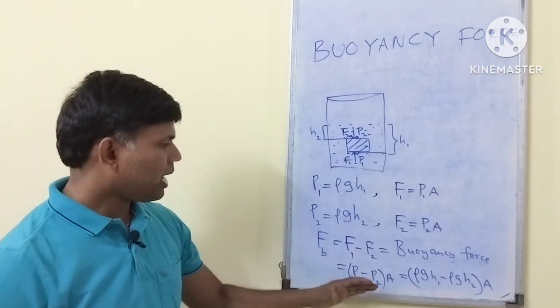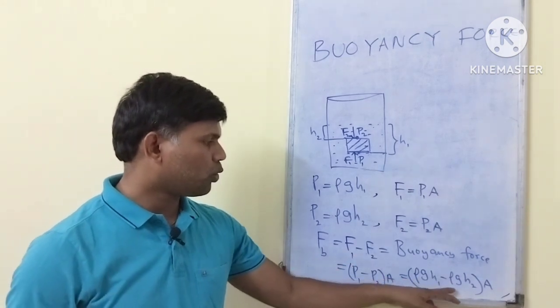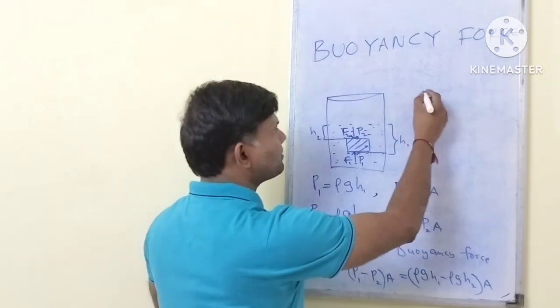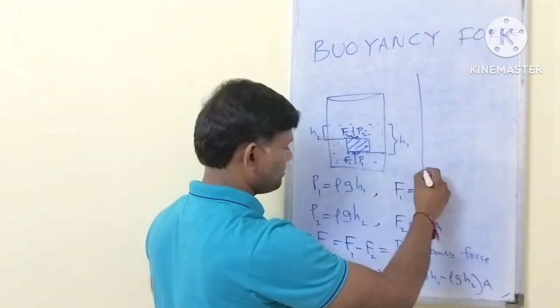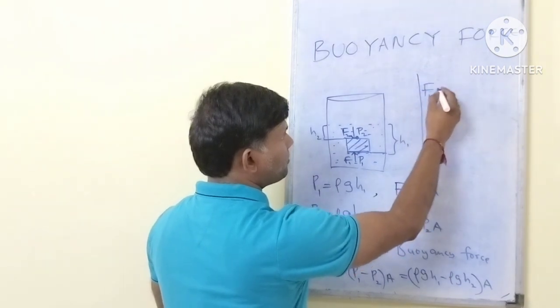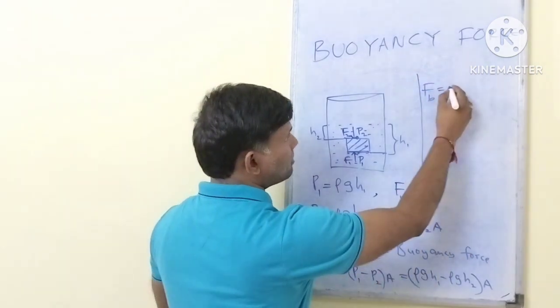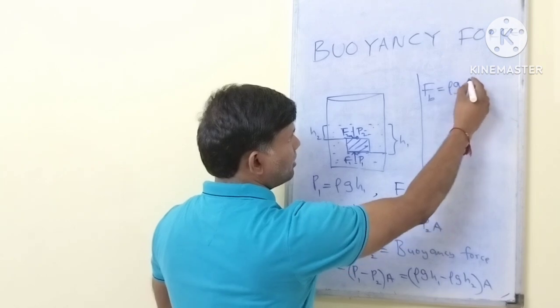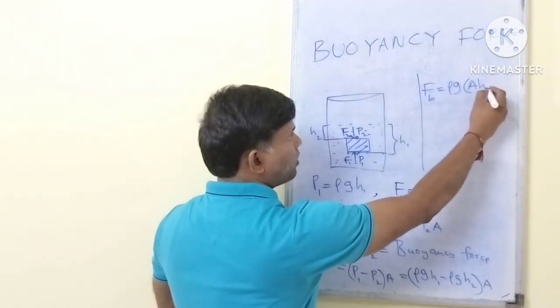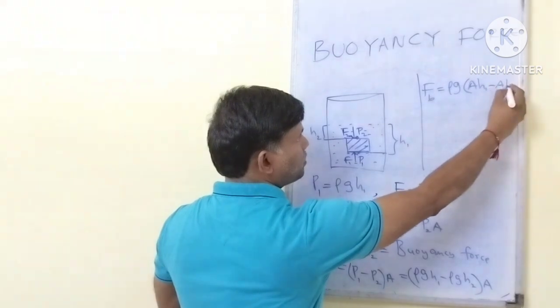Okay. Now rho g you can take common. Then what will you get here? Here I will write buoyancy force FB equals rho g is common, A into h1 minus A into h2.